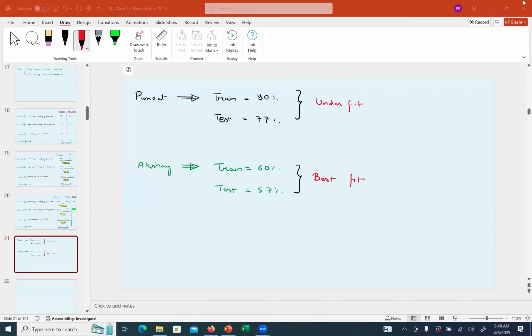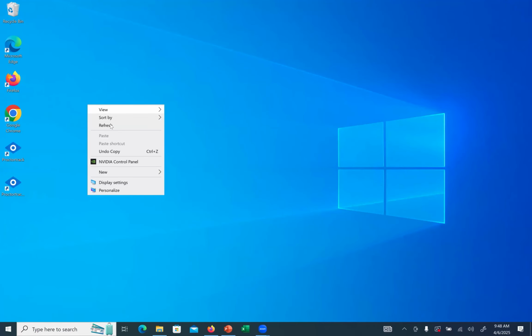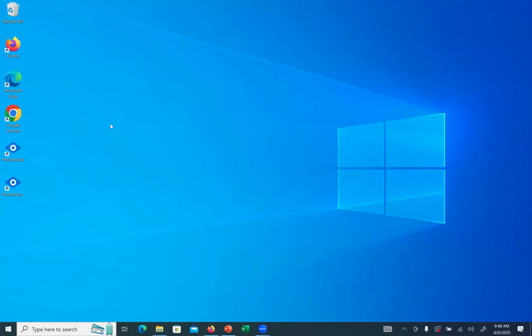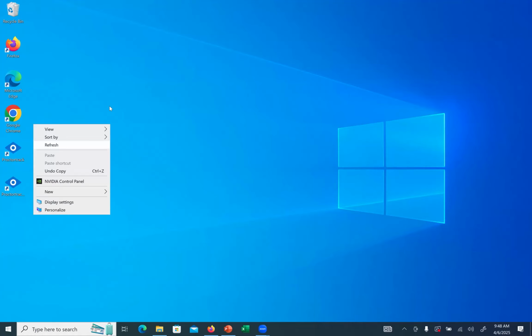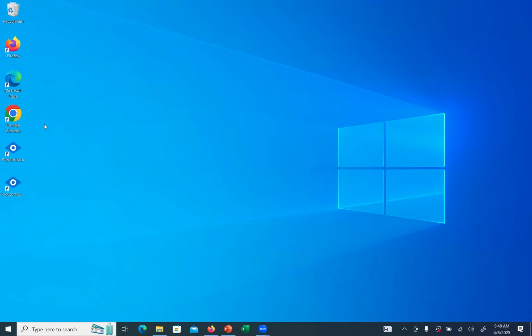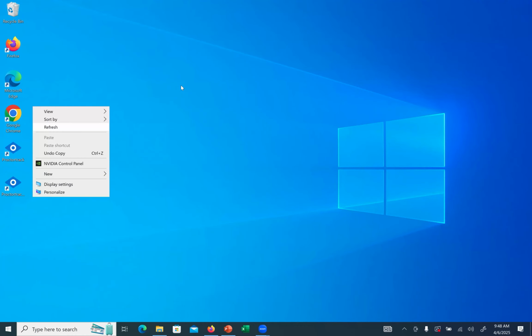If I show you an image, with how much accuracy can you differentiate whether it is an ant or an elephant? 100%. With 100% accuracy.